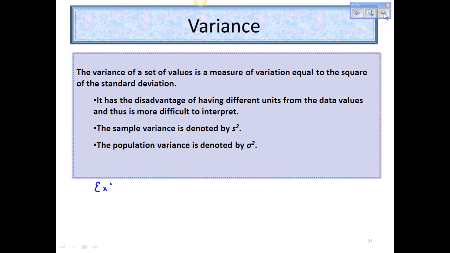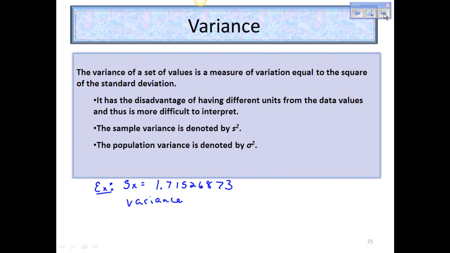So, let me tell you a little example here. Say you use your calculator to find your standard deviation, and it said Sx is equal to 1.71526873. And the question was, what is the variance?